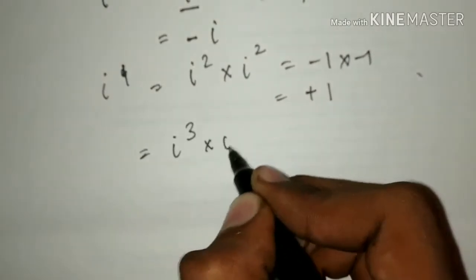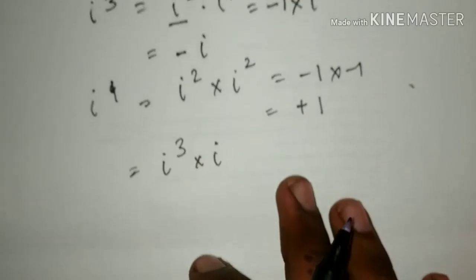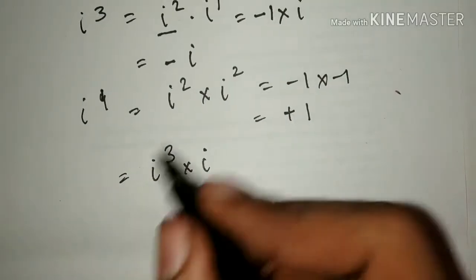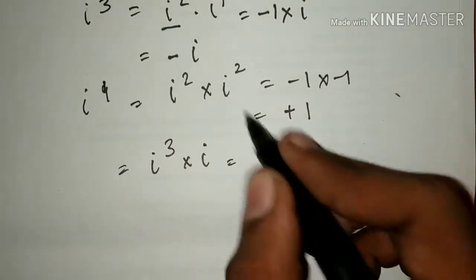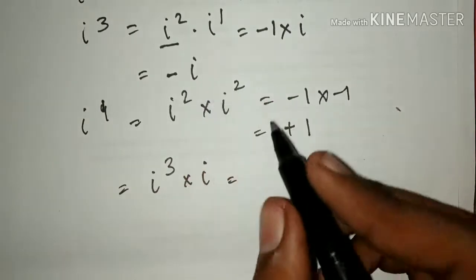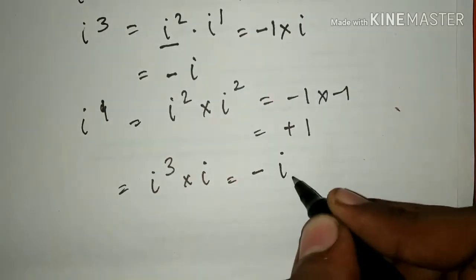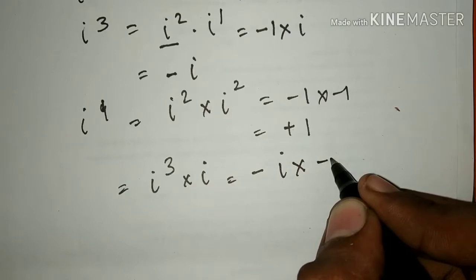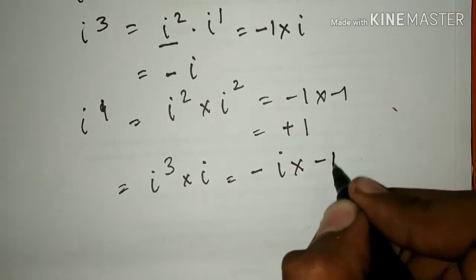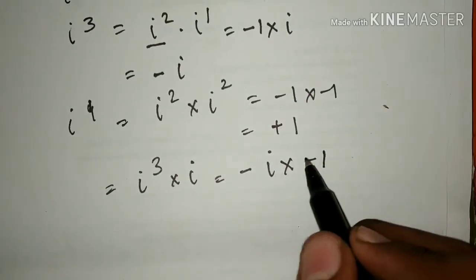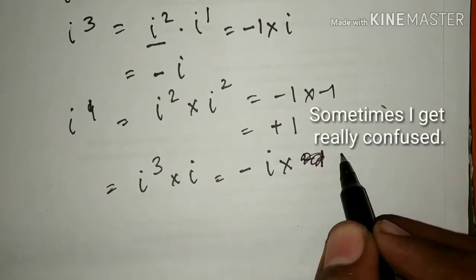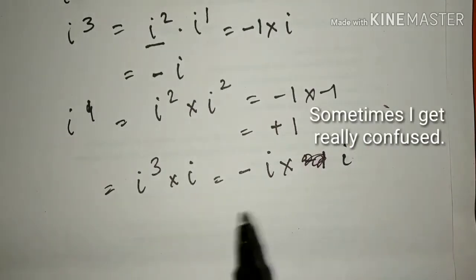Now you can also ask why not write i to the power 4 as i cube into i. That's also how we can write i to the power 4. Now the value of i cube is minus i, so it's minus i into i, because the i remains the same.